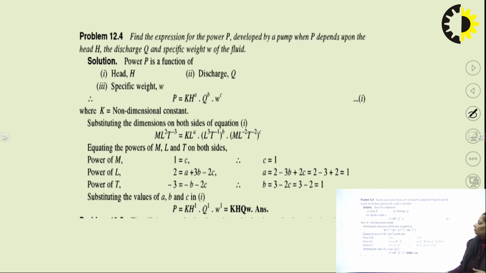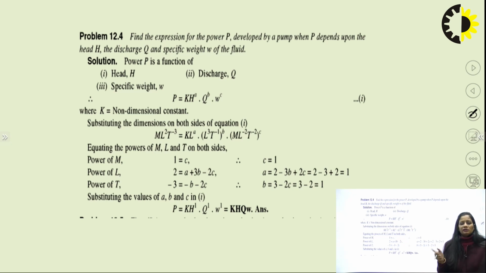Now we are going to the next question. Find the expression for power developed by a pump, where P depends upon the head, discharge and specific weight of the fluid. When the number of related variables in a phenomenon is less than or equal to 3, you can take the Rayleigh equation.